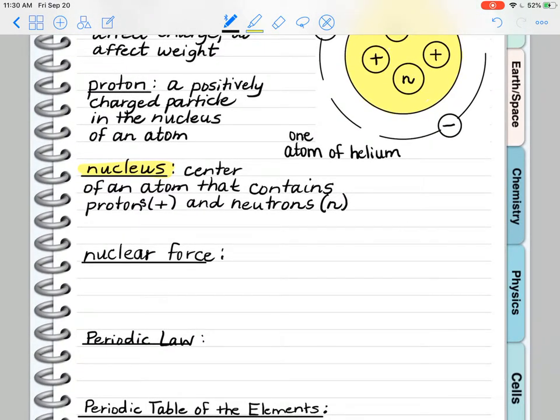And I've led us right into the next definition. And that's the definition of nuclear force. Nuclear force is the attraction between the particles in an atom.